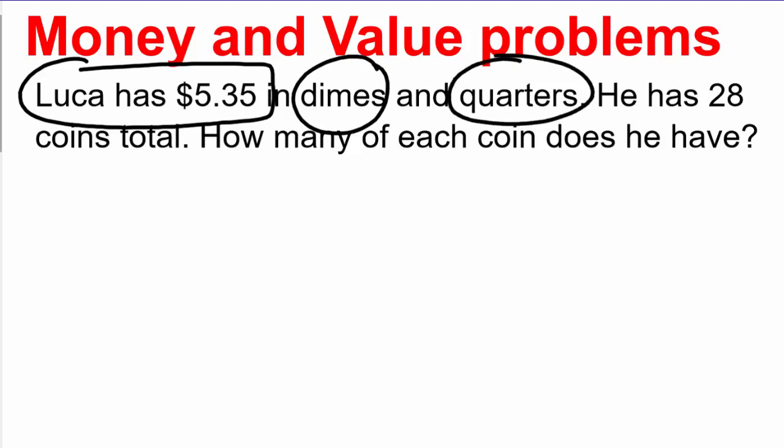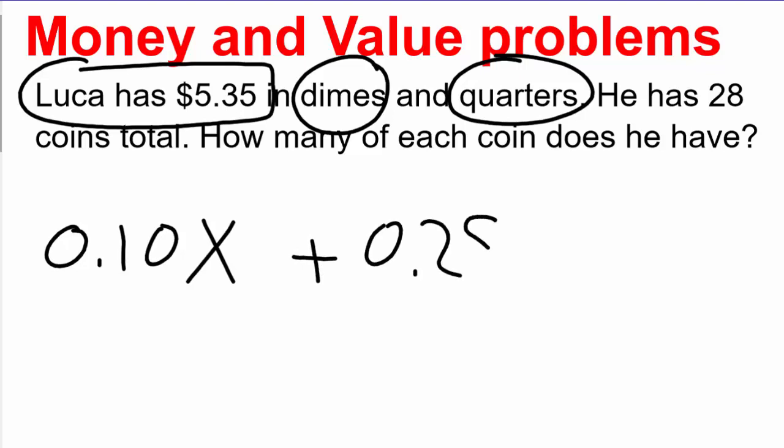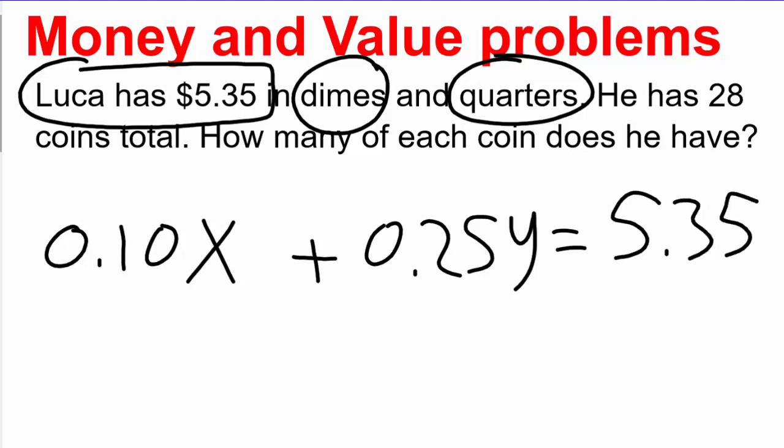This means dimes 0.10 cents times X, so I don't know how many dimes there are, plus 0.25 quarters times Y. I don't know how many quarters there are, but add them, you will have $5.35. This is the first equation. And the second equation is right here. He has a total of 28 coins, which means X plus Y equals 28.